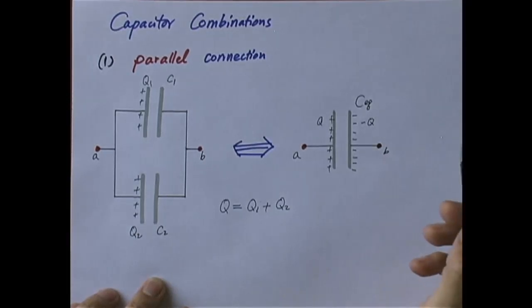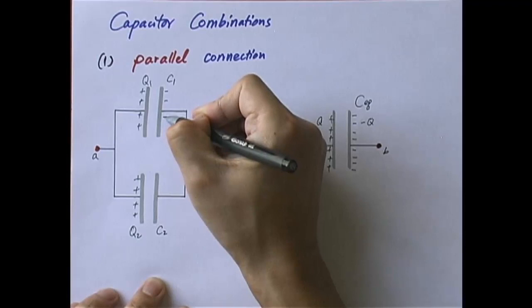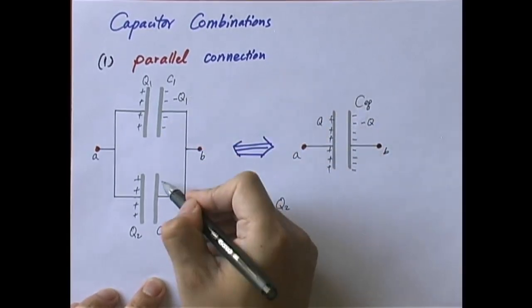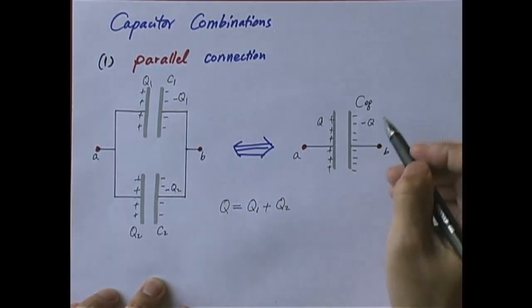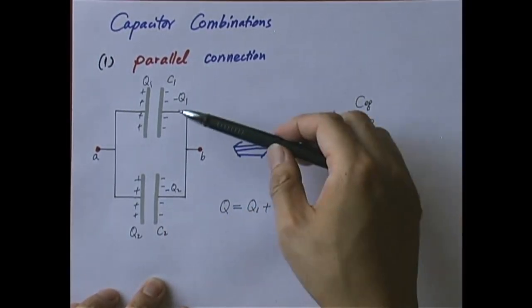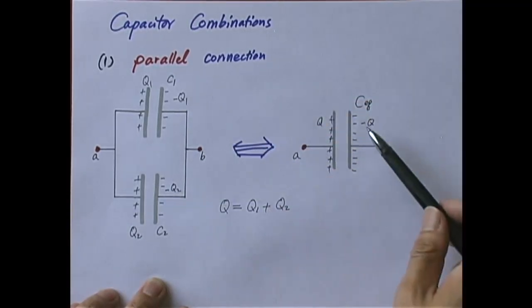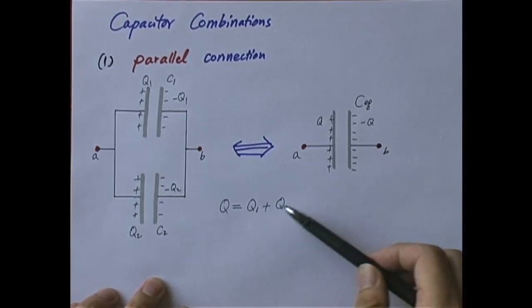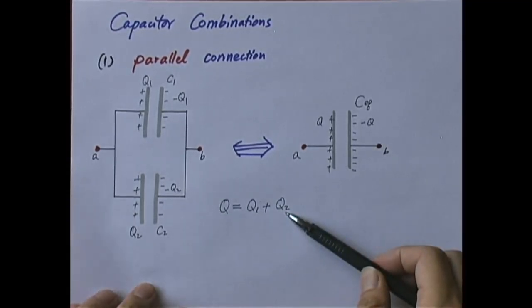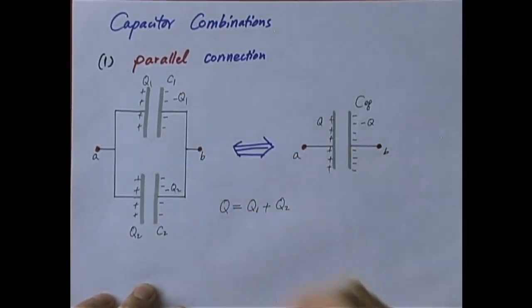On the other hand, you look at the other two plates, you get negative Q1 and negative Q2. The total amount of negative charge connected to point B would be negative Q1 plus negative Q2. That's the same as negative Q, because negative Q equals negative Q1 plus negative Q2. Same formula as this. So we established the relation between Q and Q1 plus Q2.